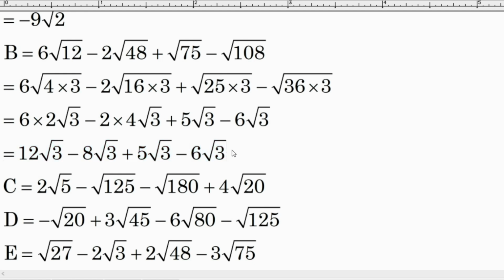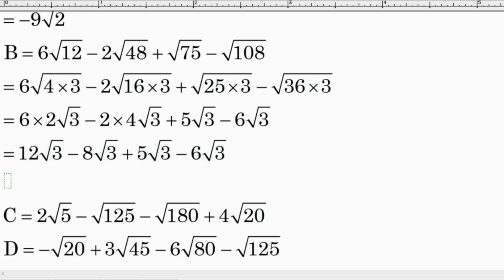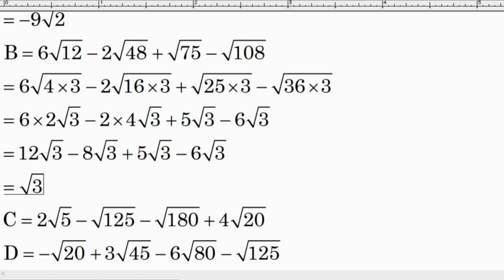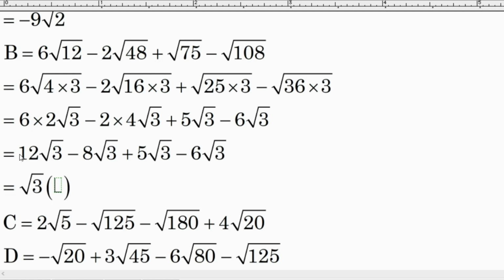If we want to make it easier, we can just factor square root of 3, and then we get 12 minus 8, and then plus 5, and then minus 6. So we can calculate this number.